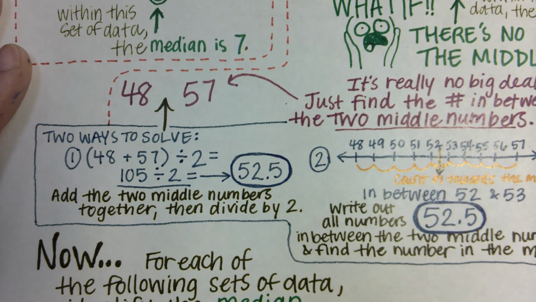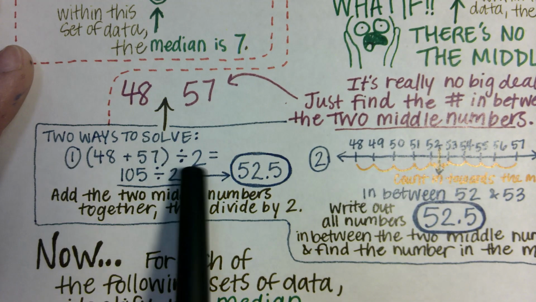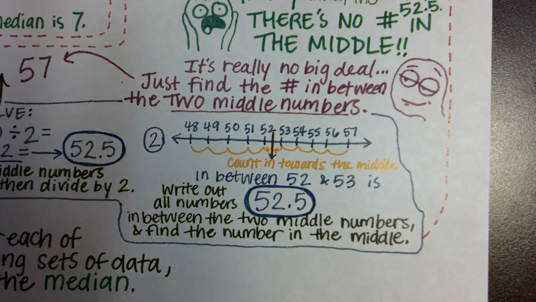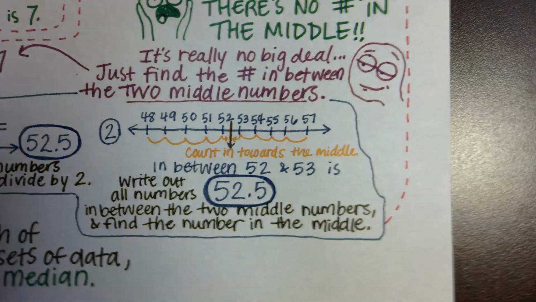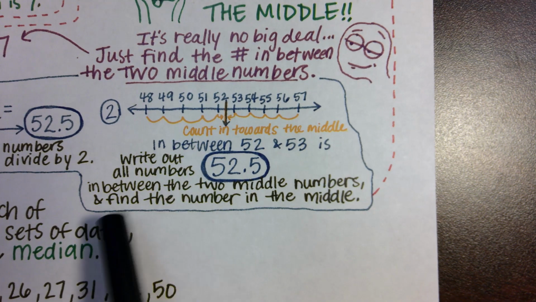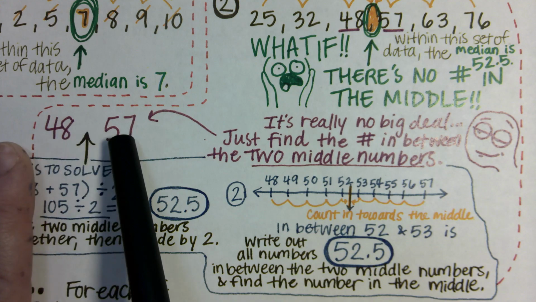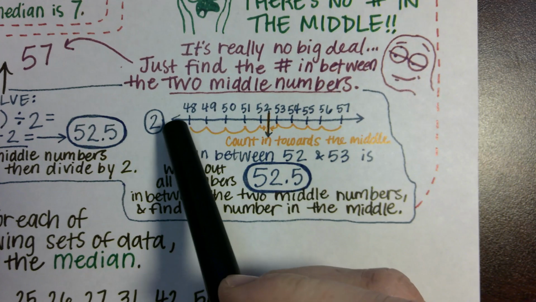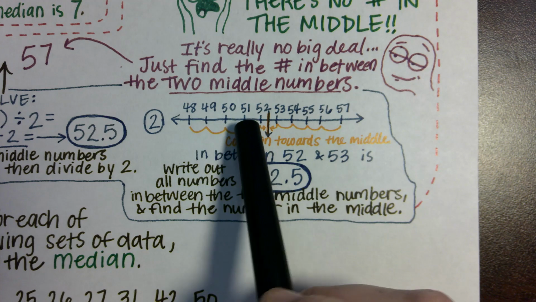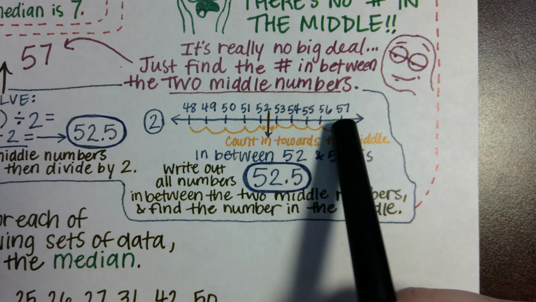Now the other way to maybe give you a visual idea of how this gets us the correct answer, I went ahead and drew out a number line. What you could do is write out all the numbers that are in between the two middle numbers. So my middle numbers were 48 and 57. So I wrote all the way from 48, 49, 50, 51, 52, 53, 54, 55, 56, 57.